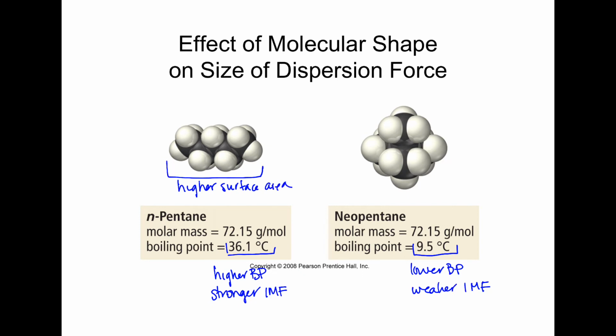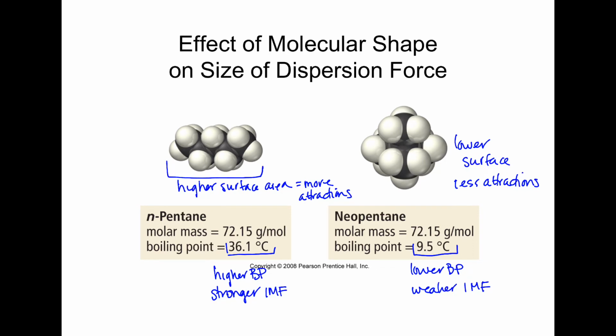And that means that when it's around molecules like itself, it has a larger surface area to interact with them, and a higher surface area means more attractions. The lower surface area means less attractions, just less space to attract other molecules.